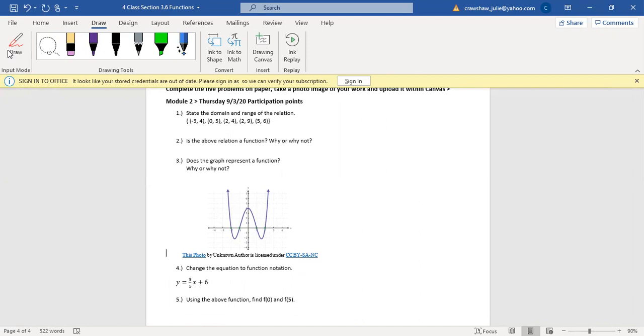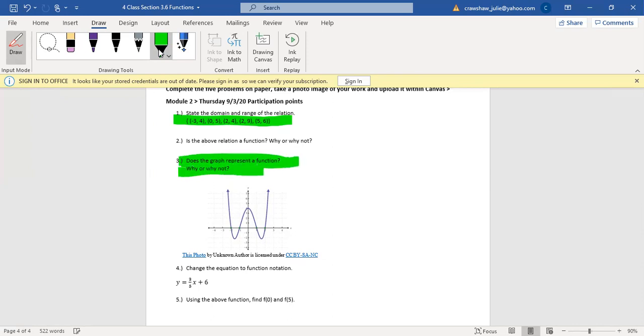So you have to state the domain and range of the relation, label the x's, label the y's, and decide whether or not it's a function. Do the x's repeat? Do they not repeat? Then you need to determine if the graph below is a function or not. What happens when you put a vertical line through it all the way through.